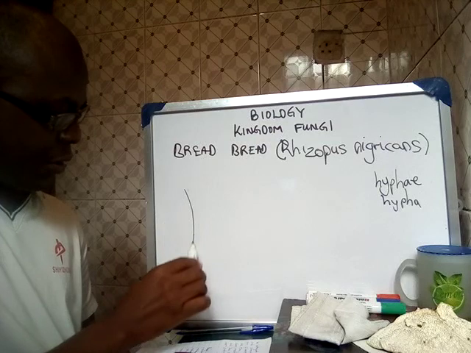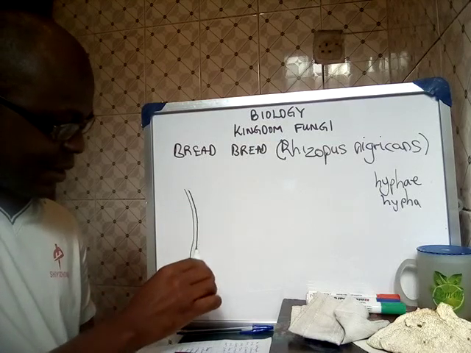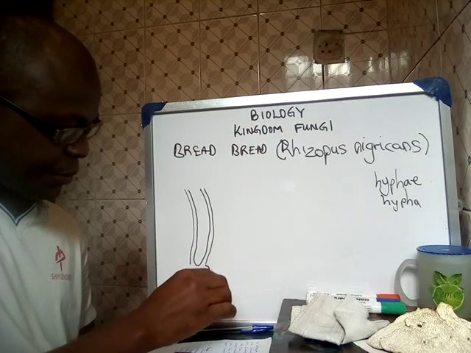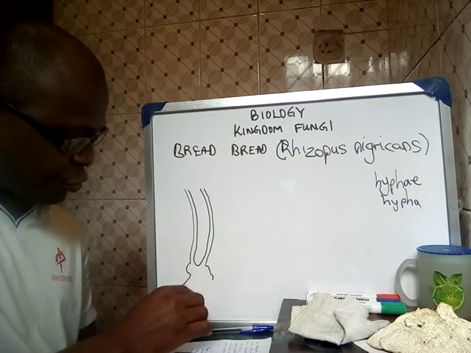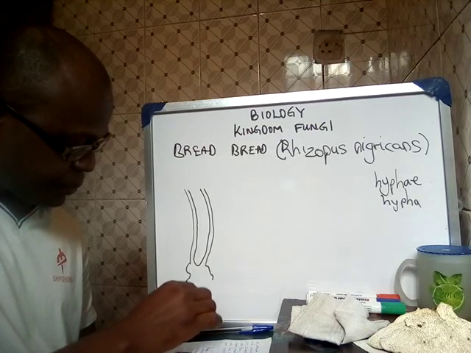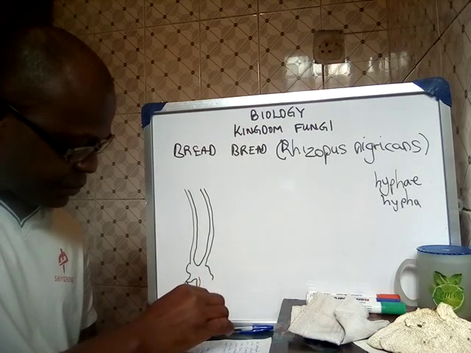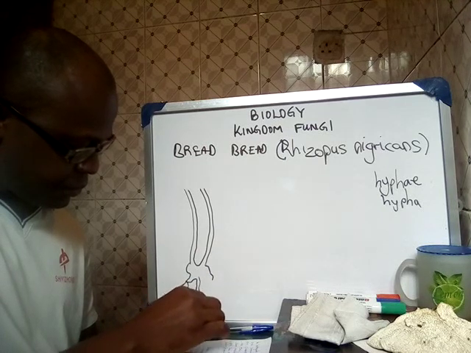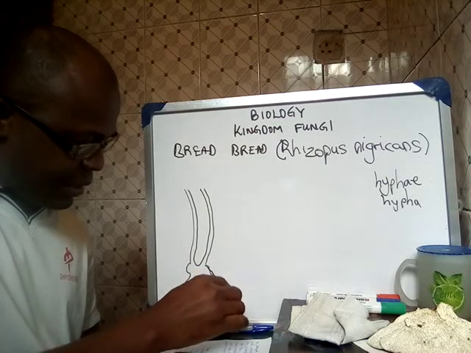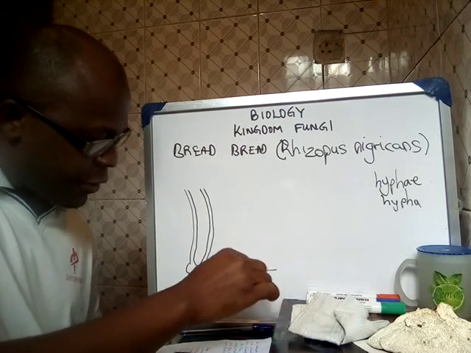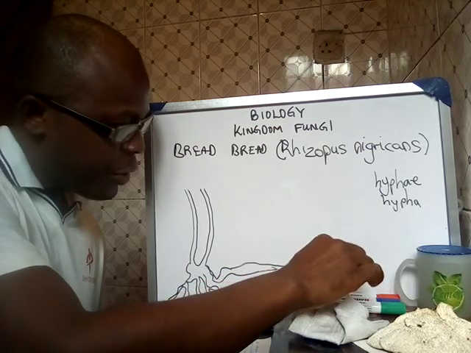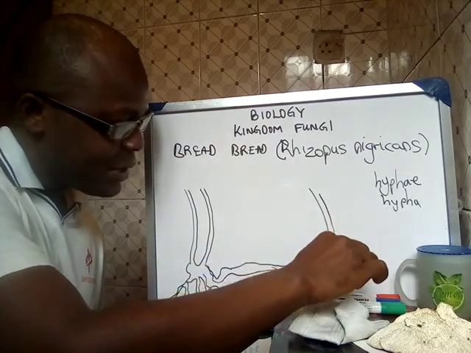So this is what it looks like. Thread growing up, then something like roots, branching in like roots. And then these structures can also run vertically to form another point where you have outgrowths like that.